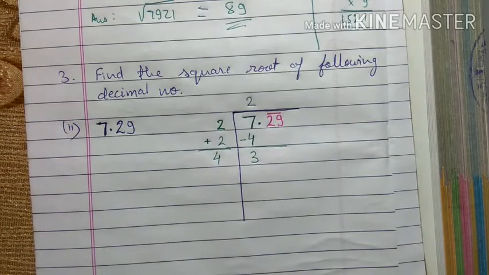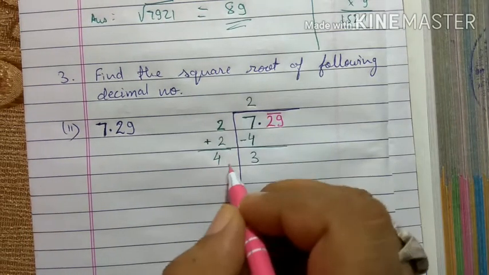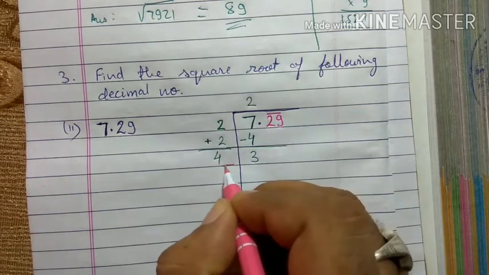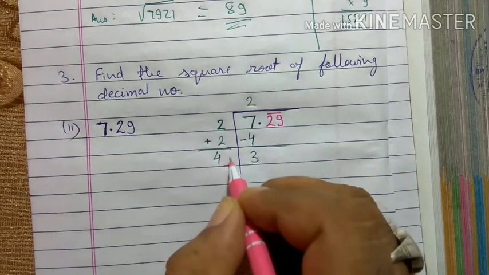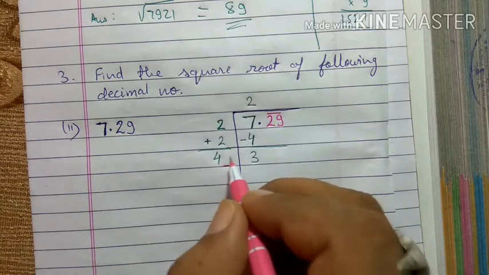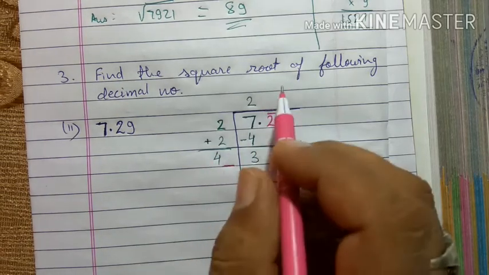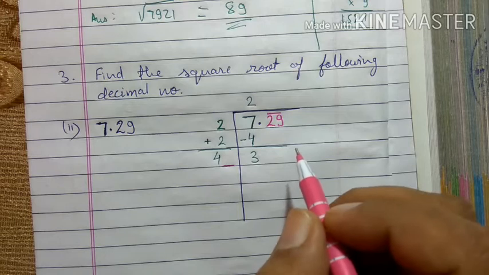After this we leave one blank place for a digit. That digit we select here is multiplied with the whole number as well.